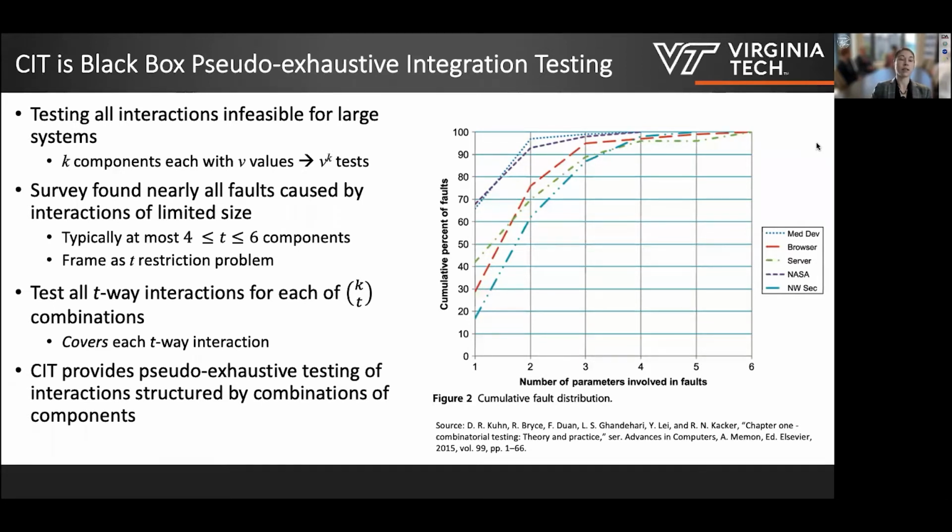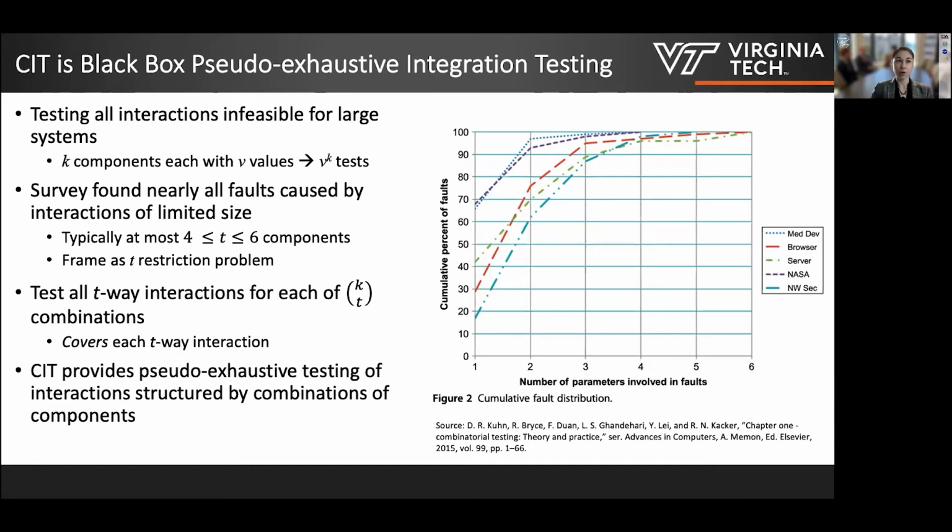So we can see that if we only test one component at a time for the systems, somewhere between 18% and let's say 68% of the faults were found. When we allow testing up to interactions of size 2, that jumps to about 62% to 97% of the faults found.